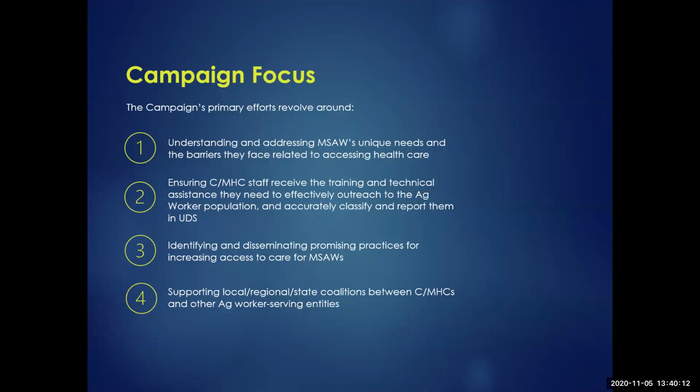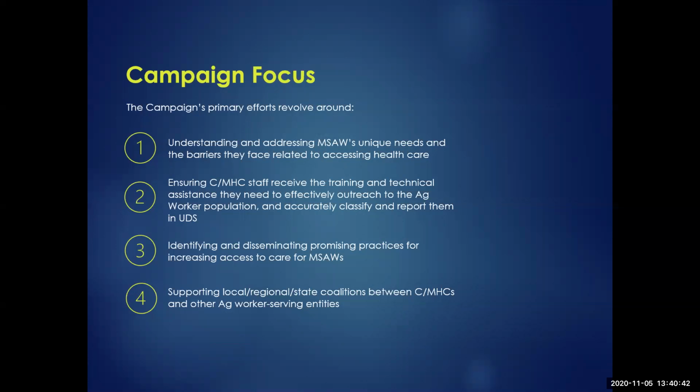So the campaign focus is around 4 main areas. We want to make sure we understand and address the unique needs and barriers of the migratory and seasonal ag worker population and the barriers they face related to accessing healthcare. If you participated in last week's webinar, which was the orientation to agricultural worker health, we discussed a lot of those issues, and that's available for playback if you are interested in viewing that.